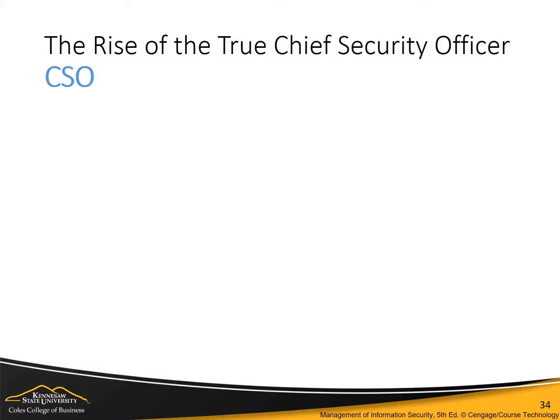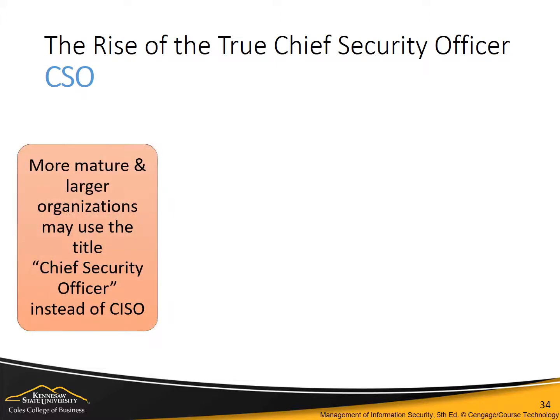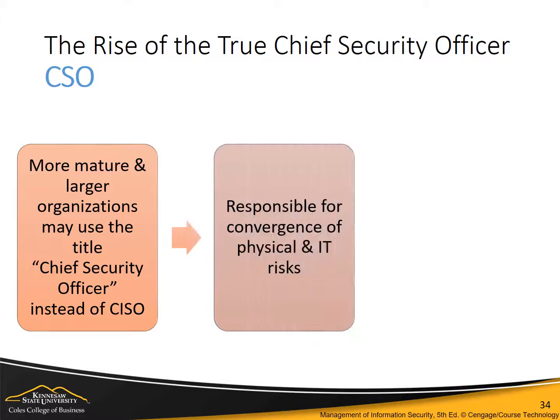More recently, organizations have begun to use the title Chief Security Officer to describe the top information security professional in the organization. More mature and often larger organizations will use the CISO title. This person is responsible for the convergence of the physical and IT risk into one complete program to control all those risks.